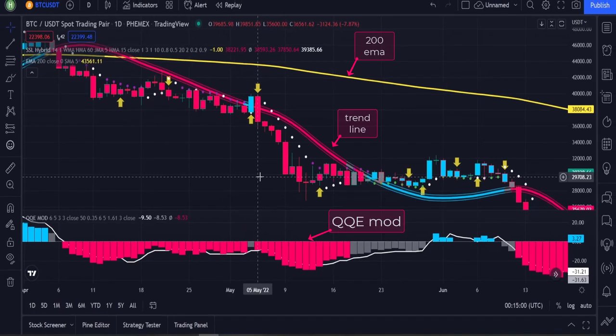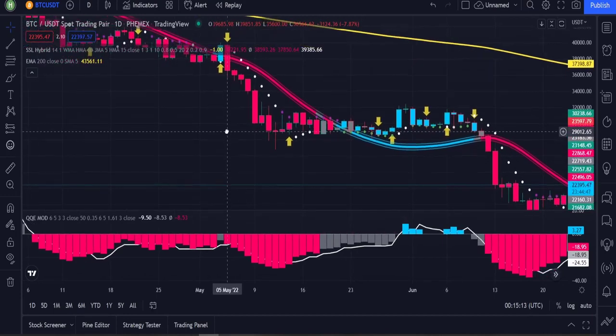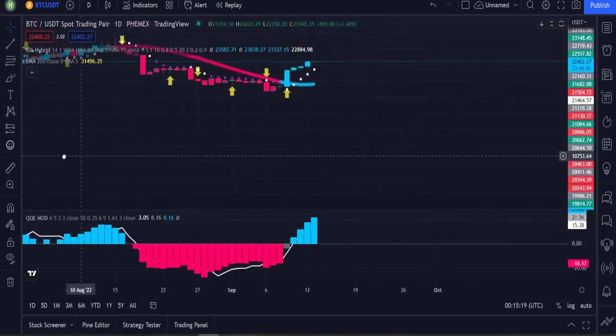But then again, gray is risky, so you want to enter when it's red mostly, because that has more profit chances. So when this is red, price is below the 200 EMA, trend line is red, price action is below the trend line, and you get an arrow for a sell trade, that's where you get in for a good sell trade.